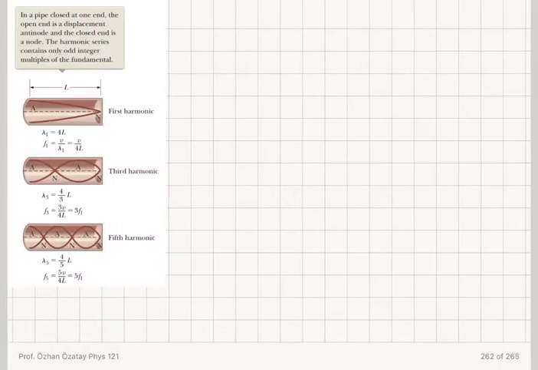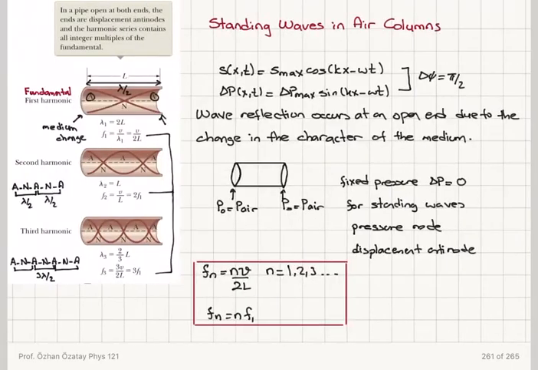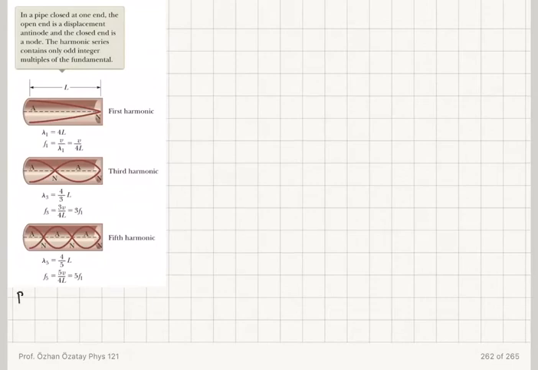Now, if I change the boundary condition on one end, so this was the situation with a pipe open at both ends. And now I want to look at the situation of a pipe closed at one end. Okay, so this time let me draw it here again.